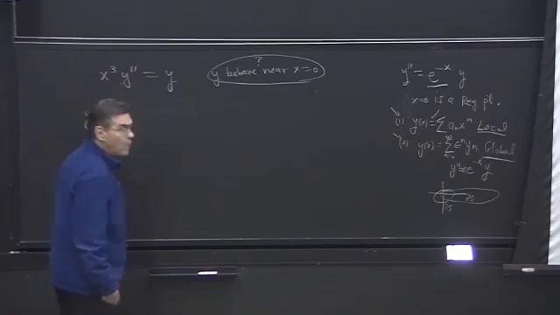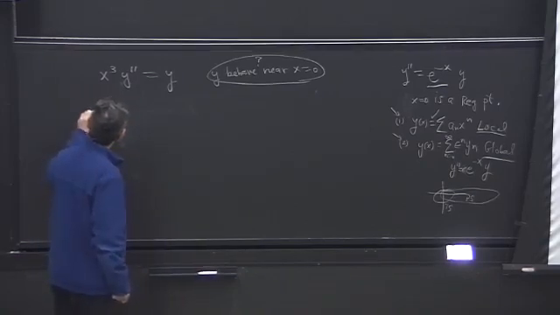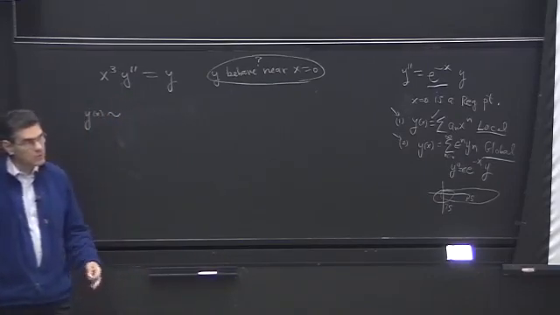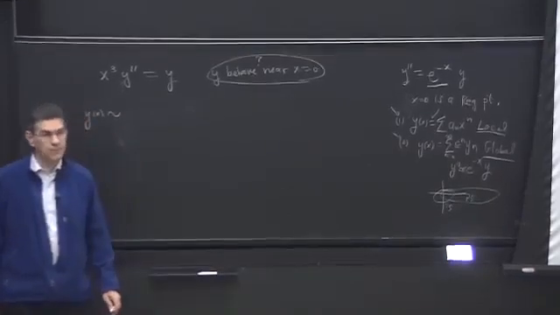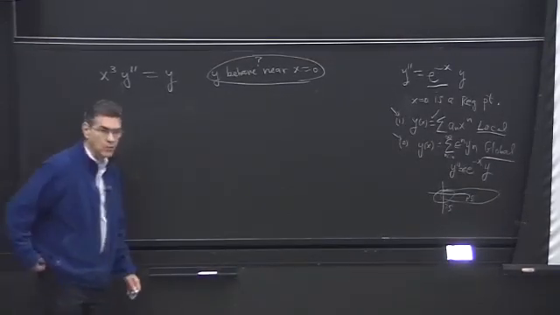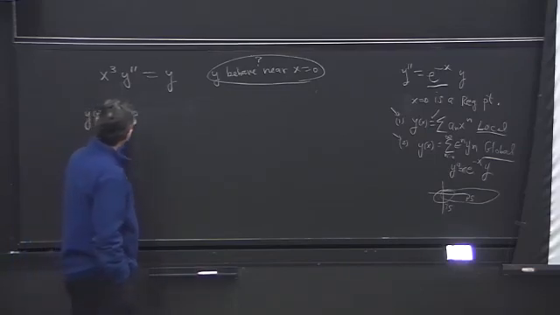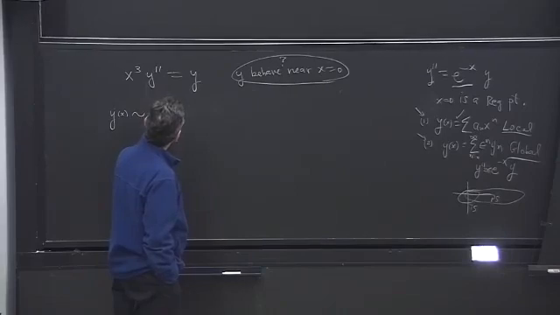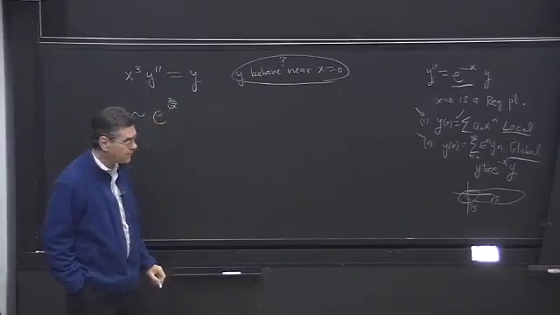We found that y of x near 0 is given not by something you can say it's equal to. Doesn't work. But you can say it's asymptotic to something of the form e to the, and now, what was it? 2 over the square root of x, something like that.